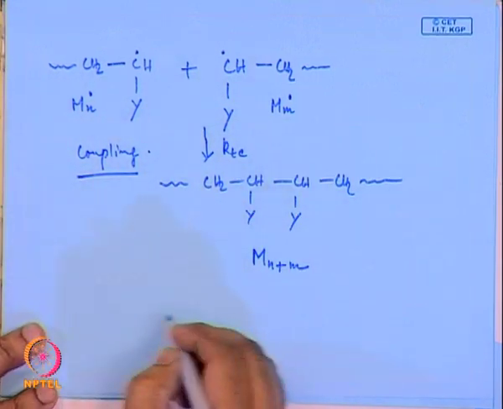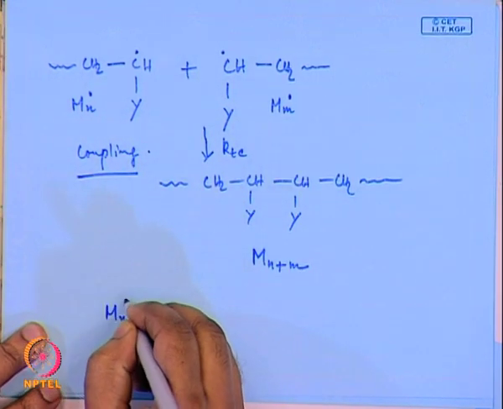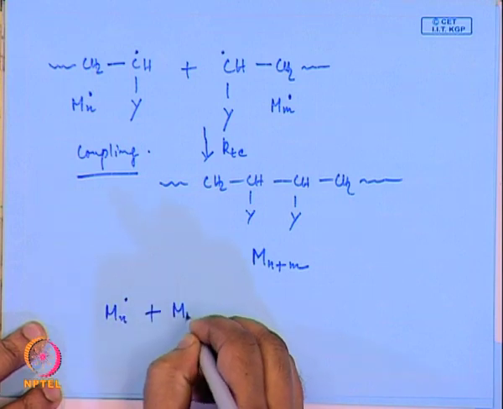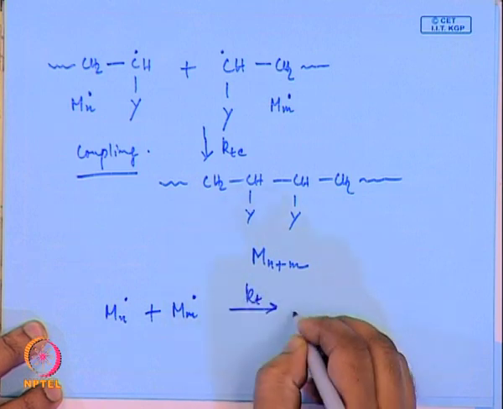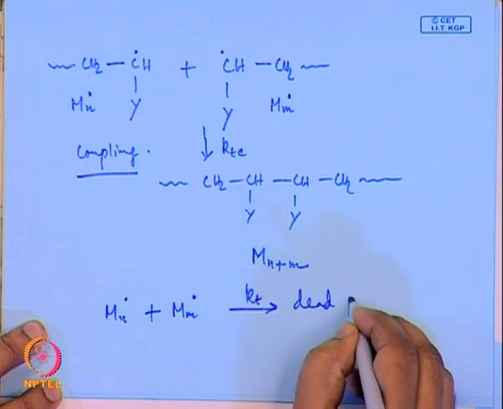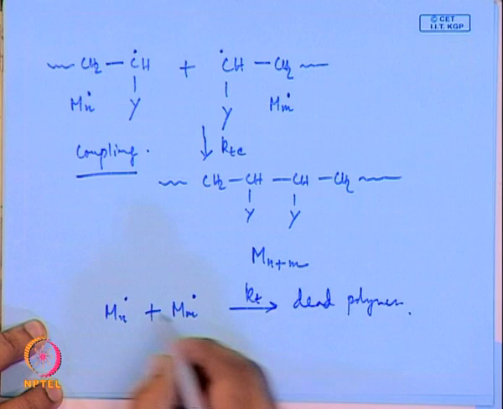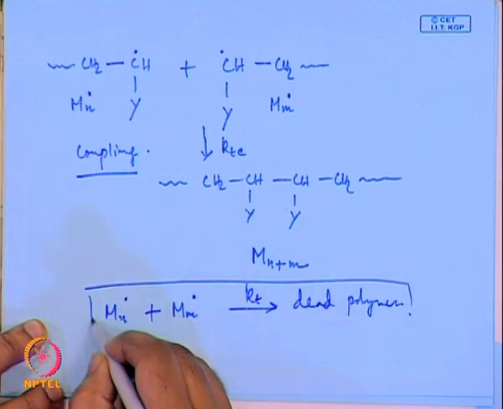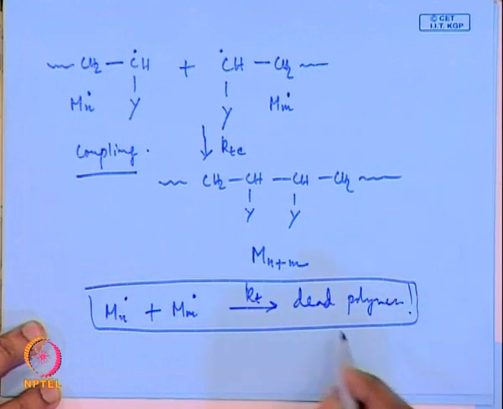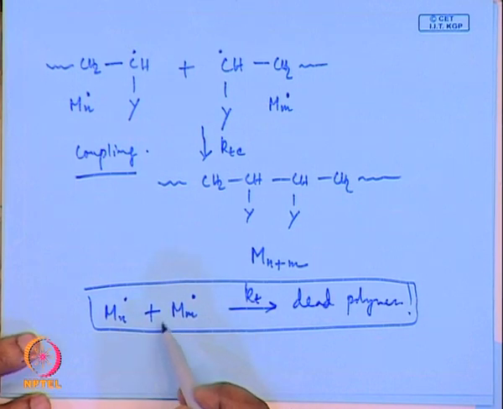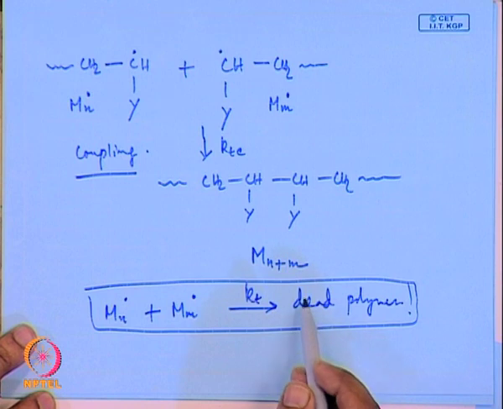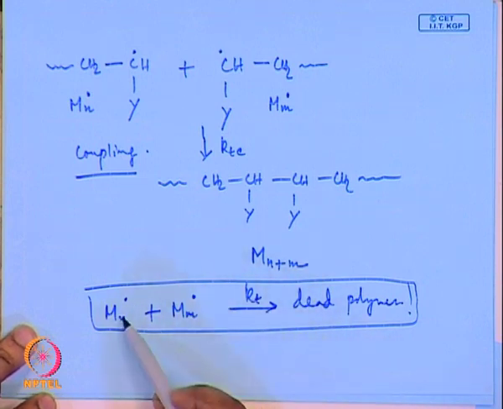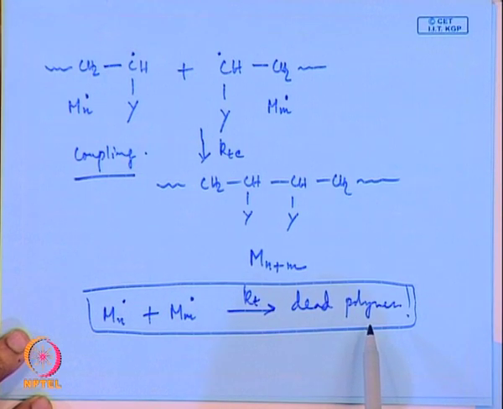Now, in general we can write Mn dot plus Mm dot, with Kt, gives rise to dead polymer. If I write this, then in general it takes care of both the coupling reaction and the disproportionation reaction. In both cases, two propagating radicals react and form dead polymer.